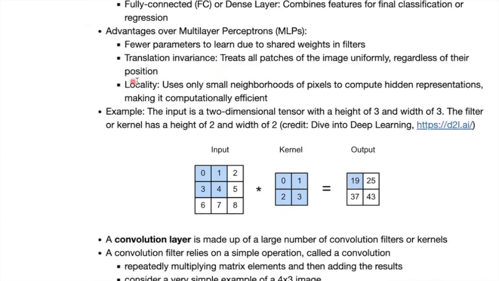And then the third one is locality, because, especially in the context of image processing, we usually want to work with small neighborhoods of pixels to compute hidden representations. So we don't necessarily want to look at just global features. We also want to have local features as well.